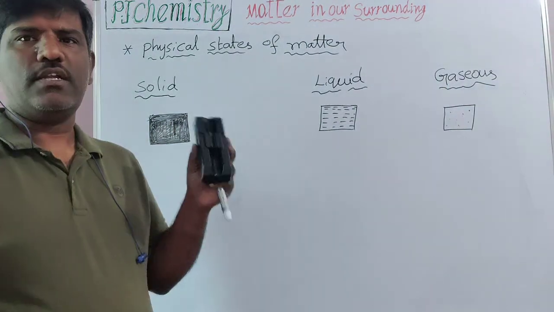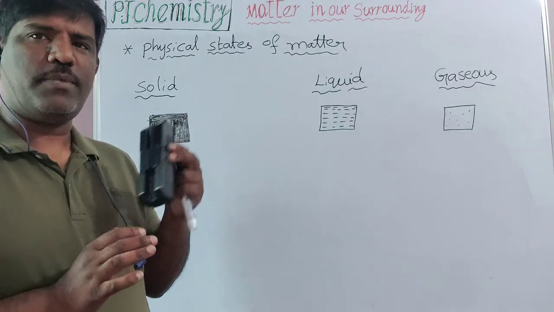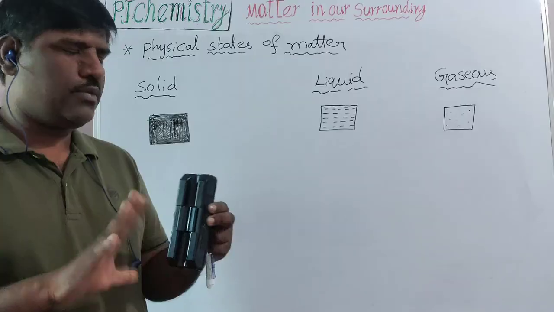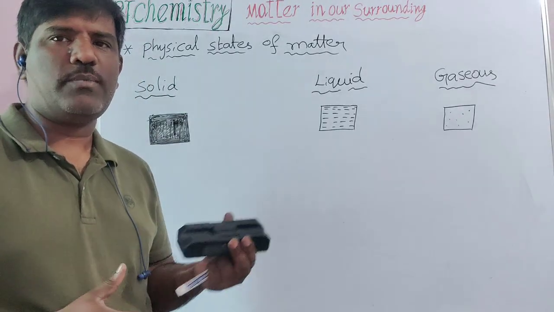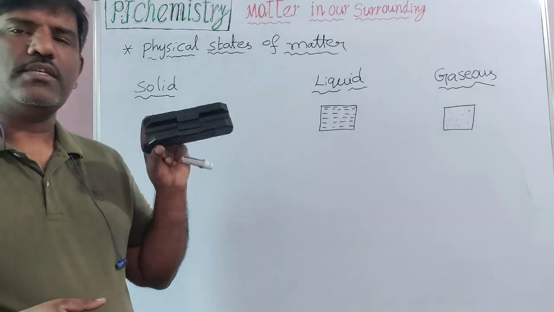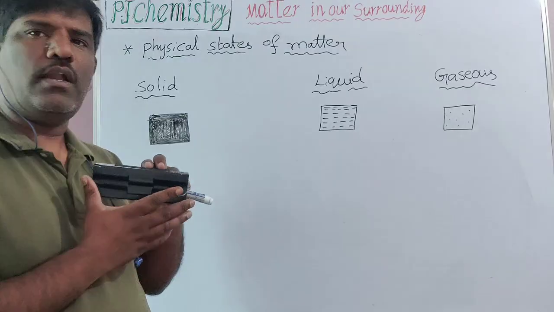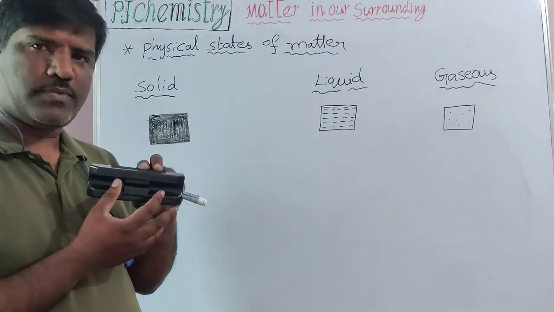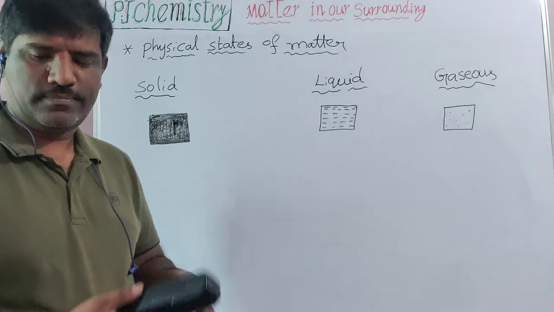For example, this is a duster. It has fixed shape and fixed volume. Today you see the same shape, and after 1 year you see the same shape, size and volume. This is because a solid has little or negligible space between the particles.